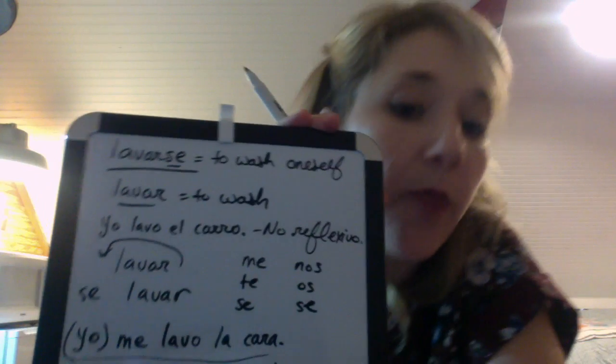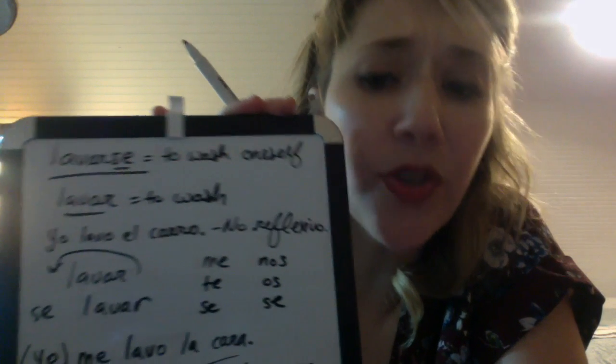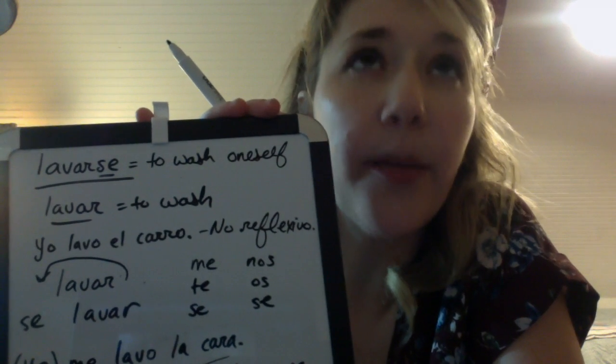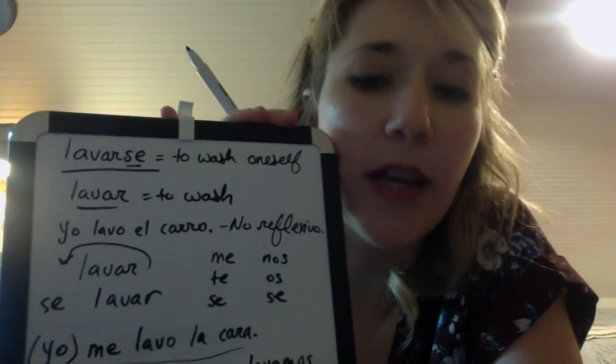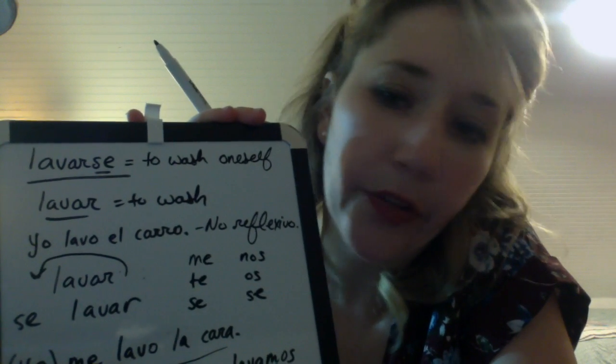One thing I want to point out to you is if we go back to the sentence, yo me lavo la cara, up here, notice that we did not have to say mi cara, my face. You just wash the face because you're washing yourself, so therefore it implies that you're washing your own face. Yo me lavo la cara. Now you can wash someone else's face, that's fine, but then it's not reflexive.